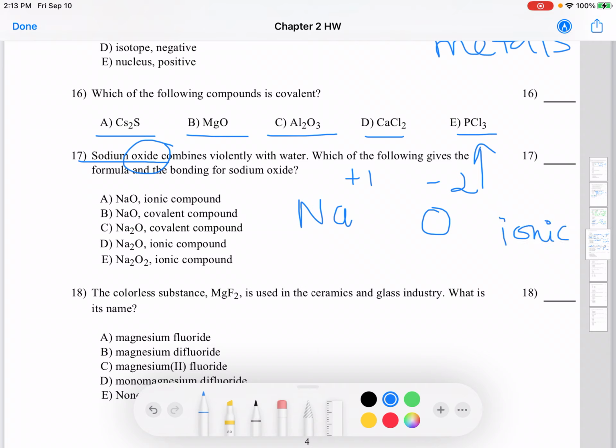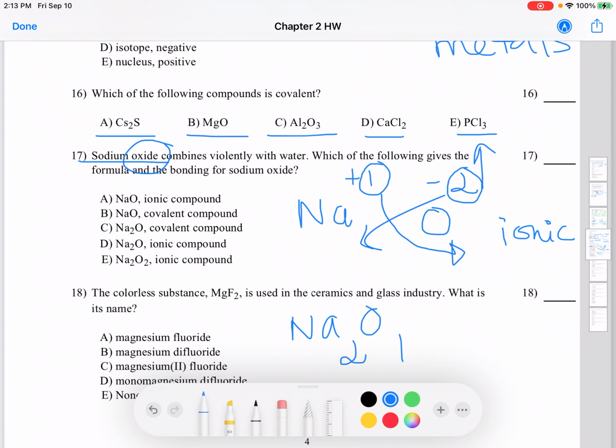Remember we talked about ionic bonds, and we need to find out the formula. I explained this in the lecture videos also. To find the formula, you take the numerical values of the charges and crisscross them, because at the end we need a formula or a compound where the charges are balanced. So the 2 would go next to sodium, and the 1 from sodium goes next to oxygen.